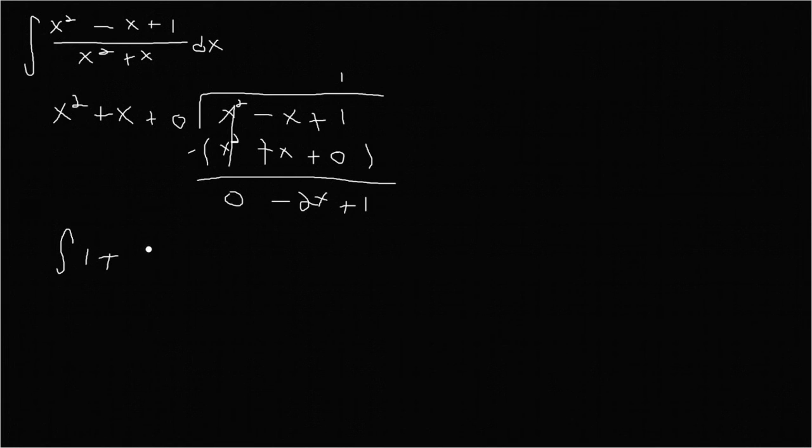I'm actually going to leave it like this: negative 2x plus 1 over x squared plus x. And now we realize we still can't integrate this, but we can't divide it any further either. So what do? We can use another concept. We can do our partial fraction mess. We can factor an x out of this x squared plus x.